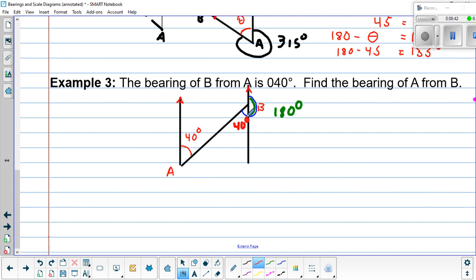So in the end, A from B is simply equal to our 40 there from the alternate angles theorem plus our 180 from the idea that straight lines are 180 degrees. So we can find our final answer as 220 degrees.